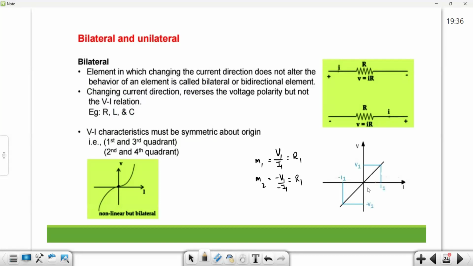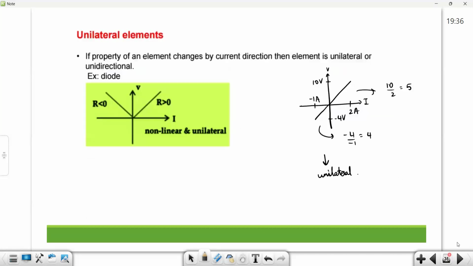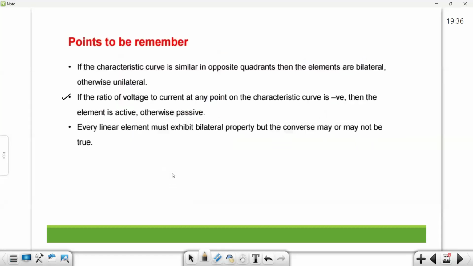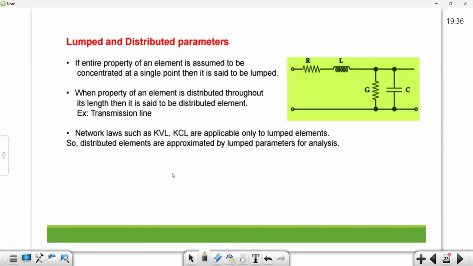By default, all linear are bilateral, but all bilateral are not linear. Fine, this is the Venn diagram kind. These are the points you have to remember.